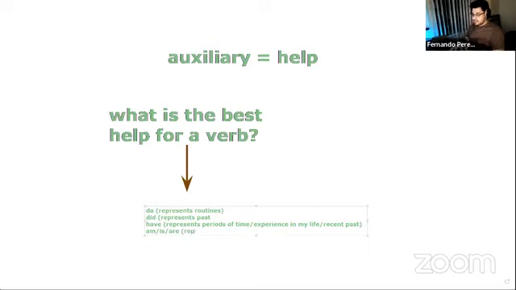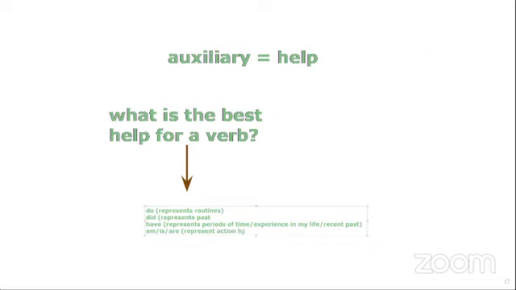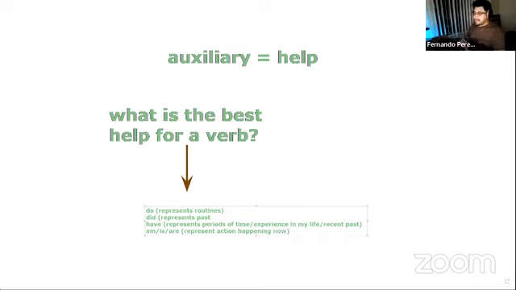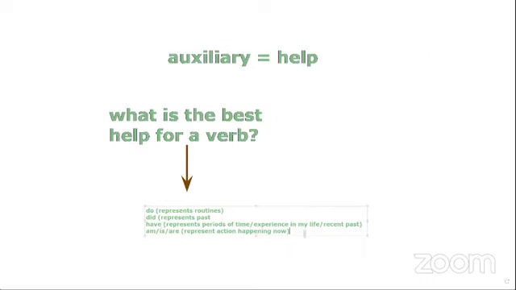This represents the actions happening right now, because we say I am doing, you are watching, we are listening, she is speaking.